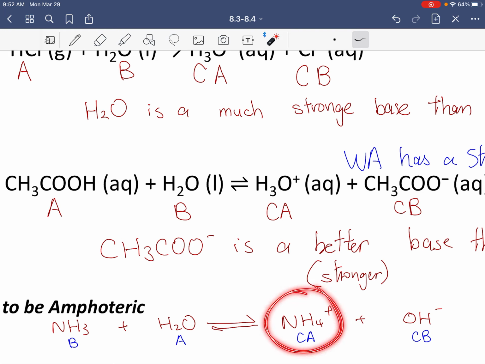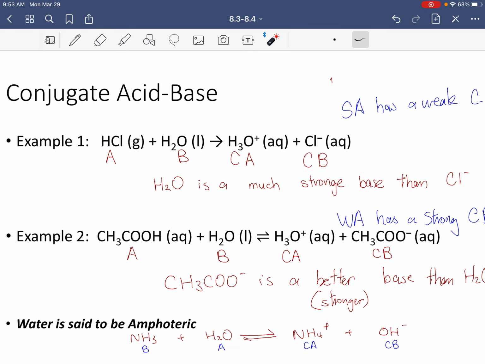This one is more willing to get rid of one of the H's than this guy getting rid of this H. So that's why the reaction probably drives this way. Okay? And just to prove that water is amphoteric, here you can see water is acting as an acid. In these cases, water is acting like a base. Water is special, isn't it?